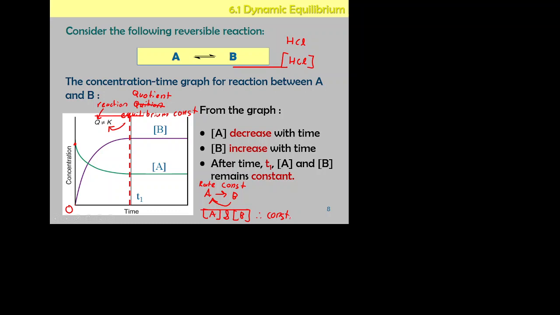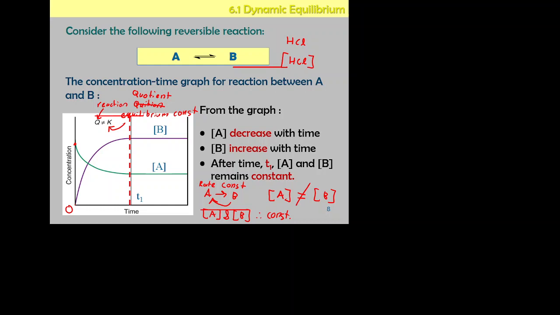Okay, but the common mistake yang a lot of students do is dia orang cakap at equilibrium the concentration of A is equal to concentration of B. Okay, this is not true. Okay, at equilibrium concentration of A and concentration of B mungkin sama, tapi not always sama.